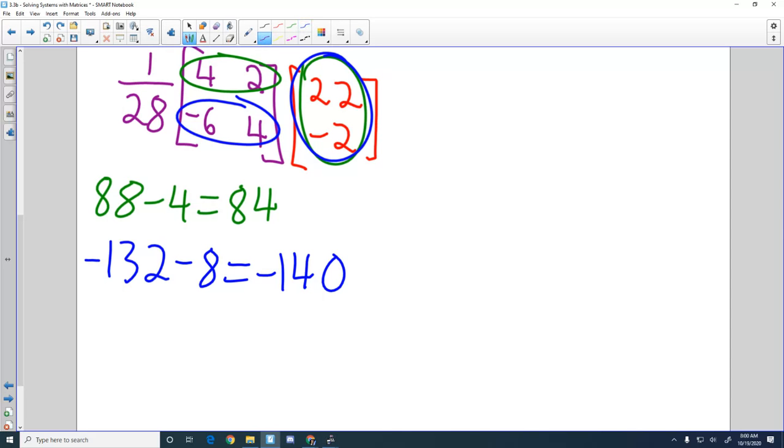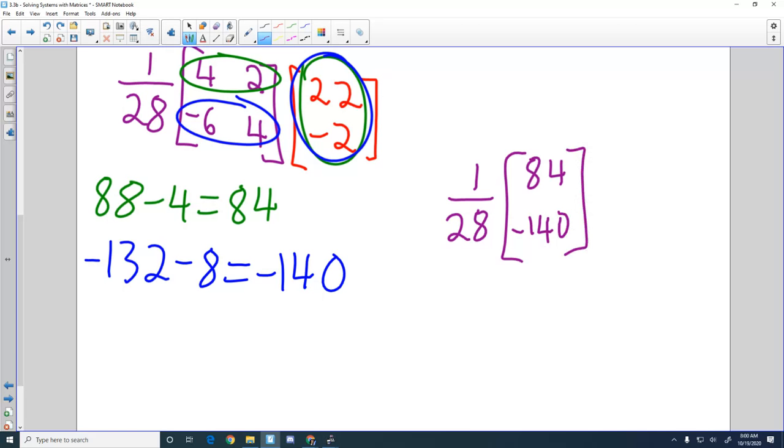So our last step, take that 1 over the determinant times these two numbers that we just calculated, the 84 and the negative 140, and we're just going to distribute in that 28. So just divide both those numbers by 28. Divide by 28, divide by 28.